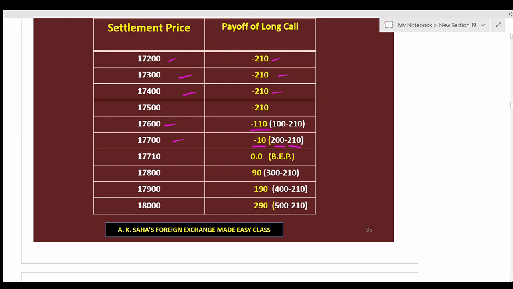At 17,710, the profit will be 210 and premium paid will be 210, so it will be break even, no loss, no gain. At 17,800, the profit will be 300 minus 210, the profit will be 90.